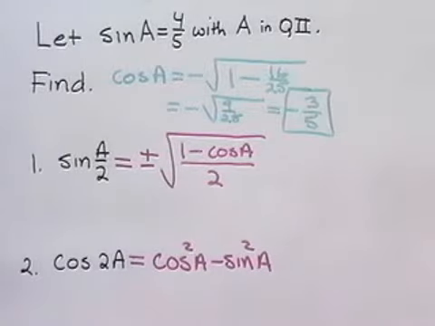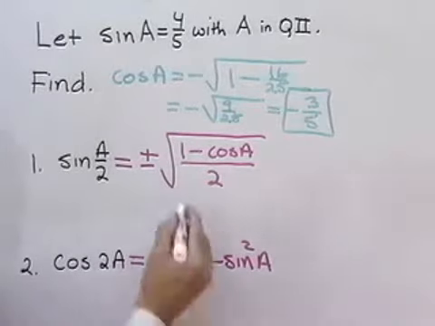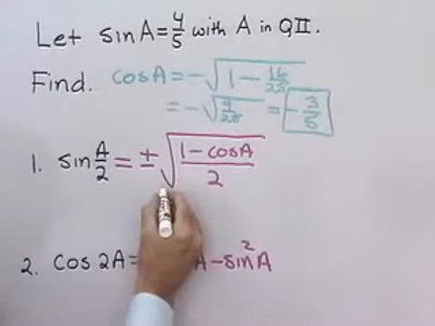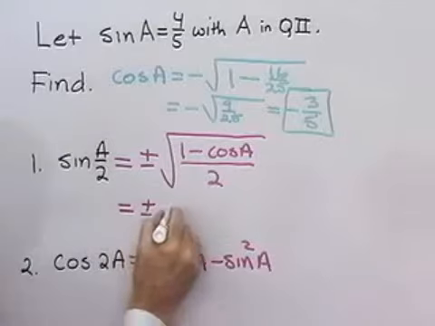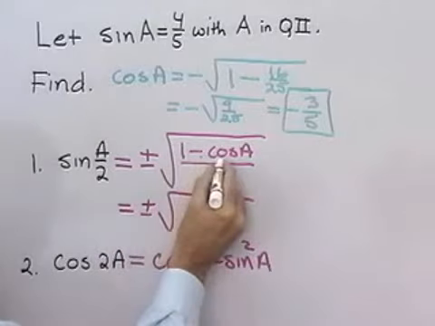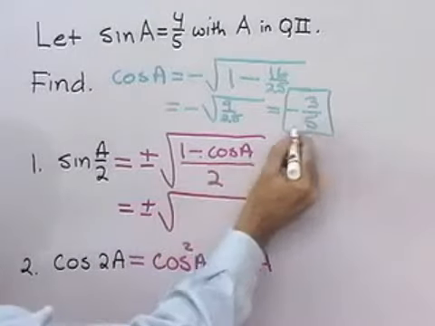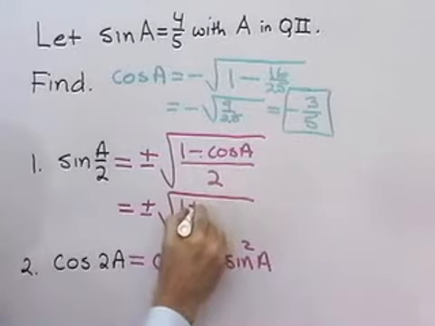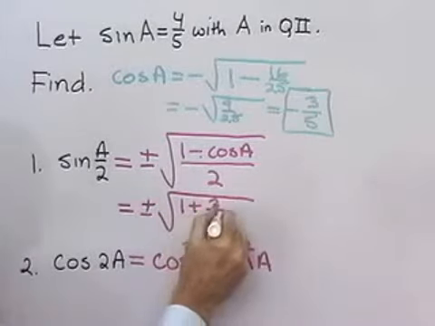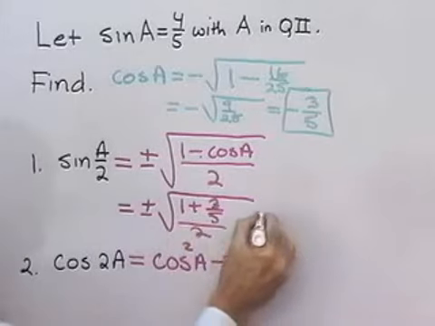Okay, so, whoops, something dropped. That's all right. Back to my original problem here. This is going to be plus or minus the square root of 1 minus cosine A, and here I have cosine A, so 1 minus negative 3/5, so 1 plus 3/5, all divided by 2.